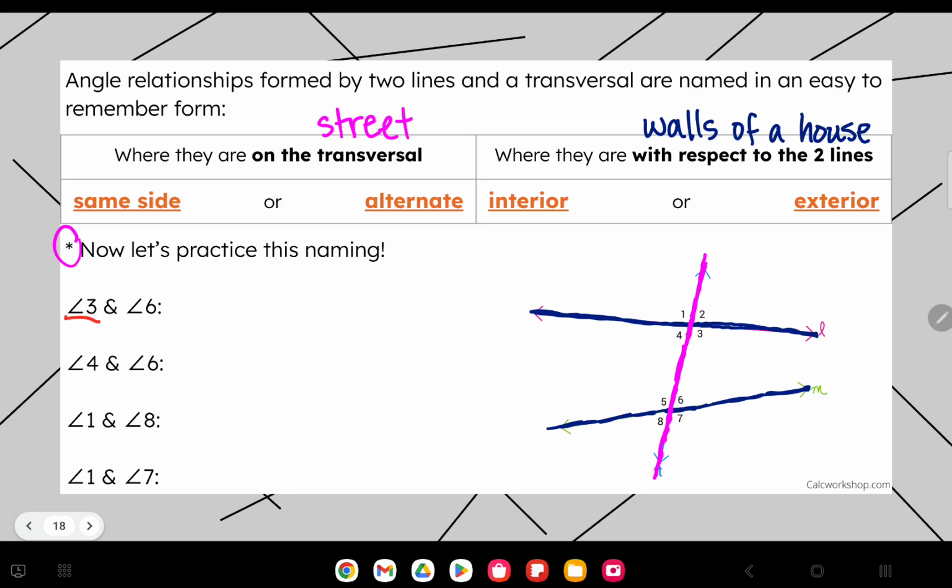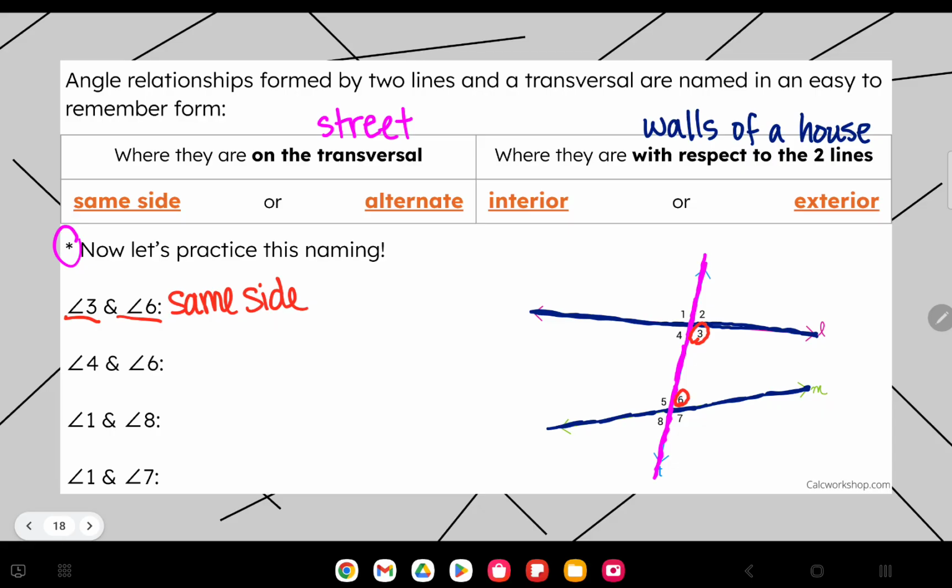All right, so let's start with angle 3 and angle 6. So angle 3 is right here, and angle 6 is right here. So the first thing we need to ask is, where are they on the street? Well, the pink line is our street. Angle 3 and angle 6 are both on the right side of the pink line. So they are on the same side.